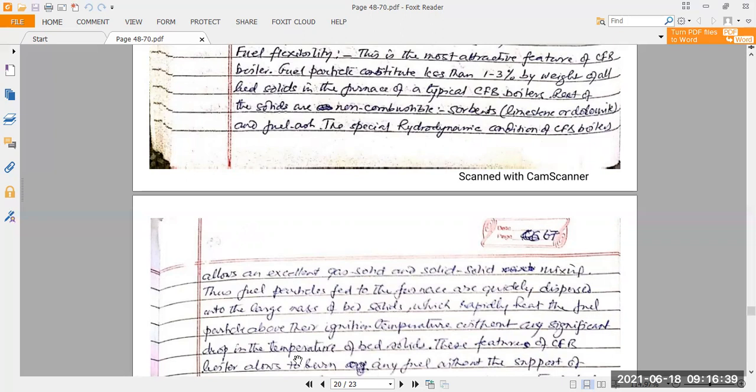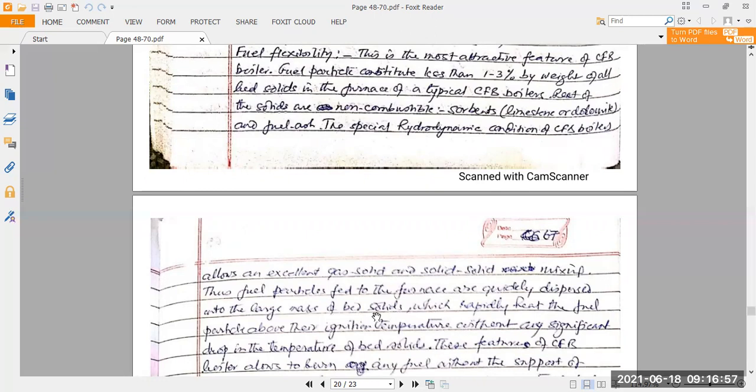Now, what happens here is a huge mass of bed solids which is already heavily heated, and a large amount of fuel is already burning inside, giving high temperature.